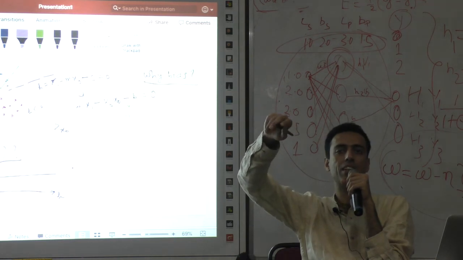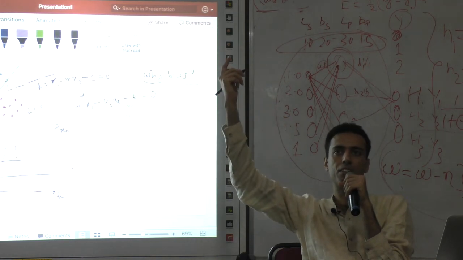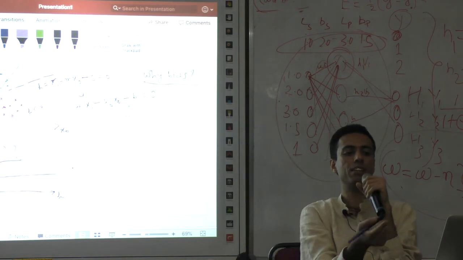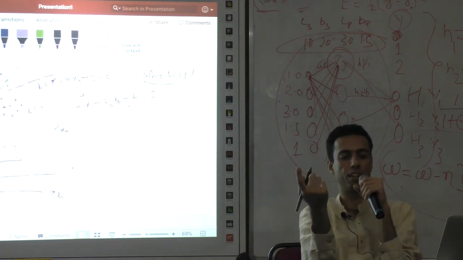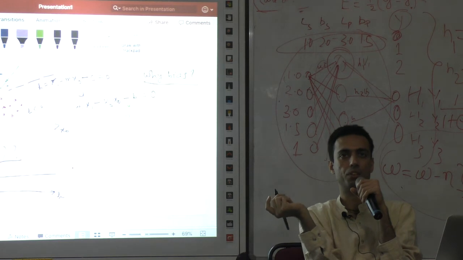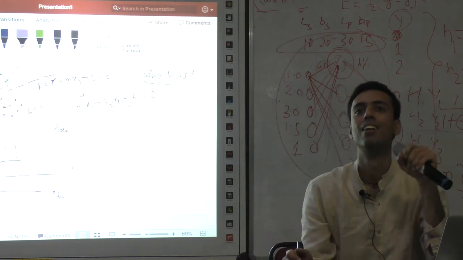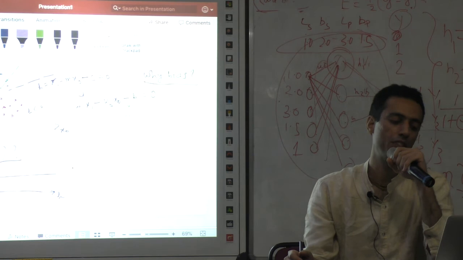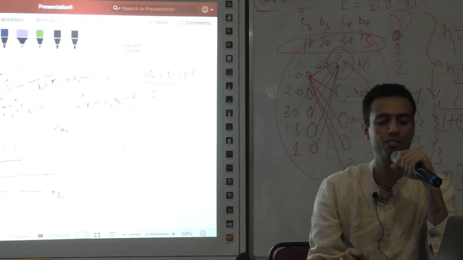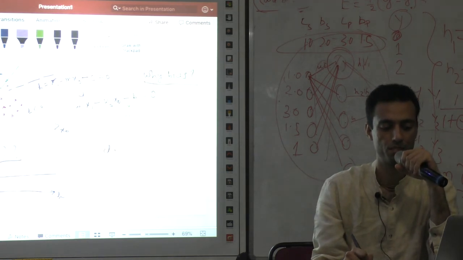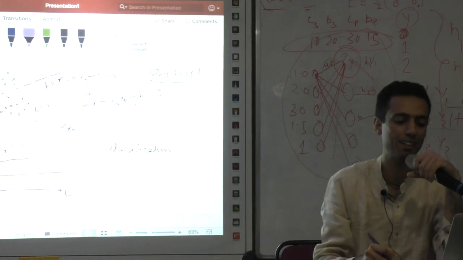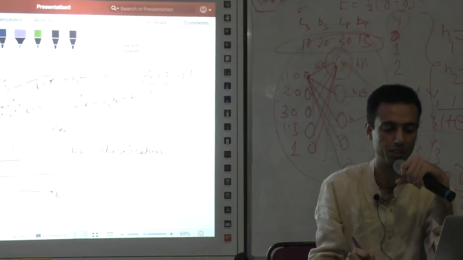When h is greater than 0, I say it is the other class. So y is 0 if h is less than 0, and y is 1 if h is greater than 0. Correct? This is the step function, and this kind of classification is called hard classification.